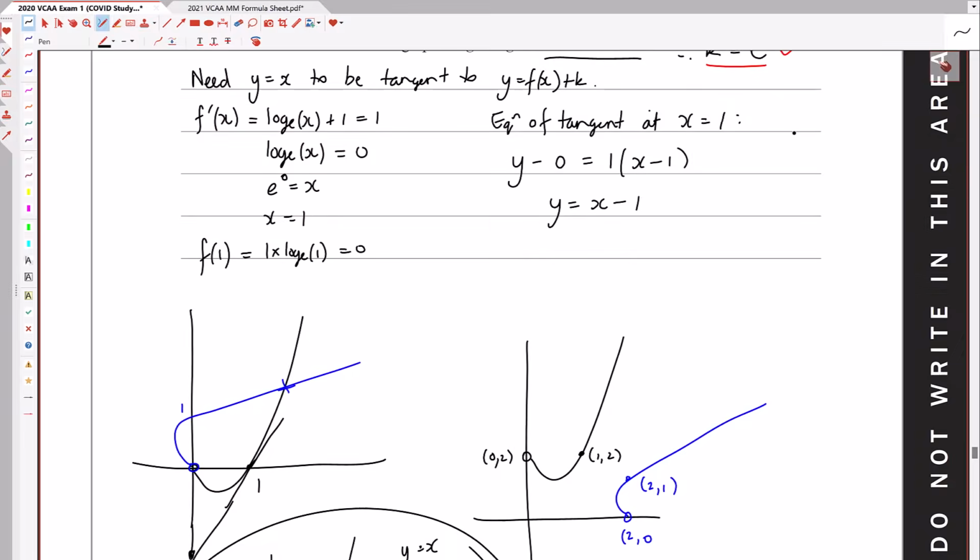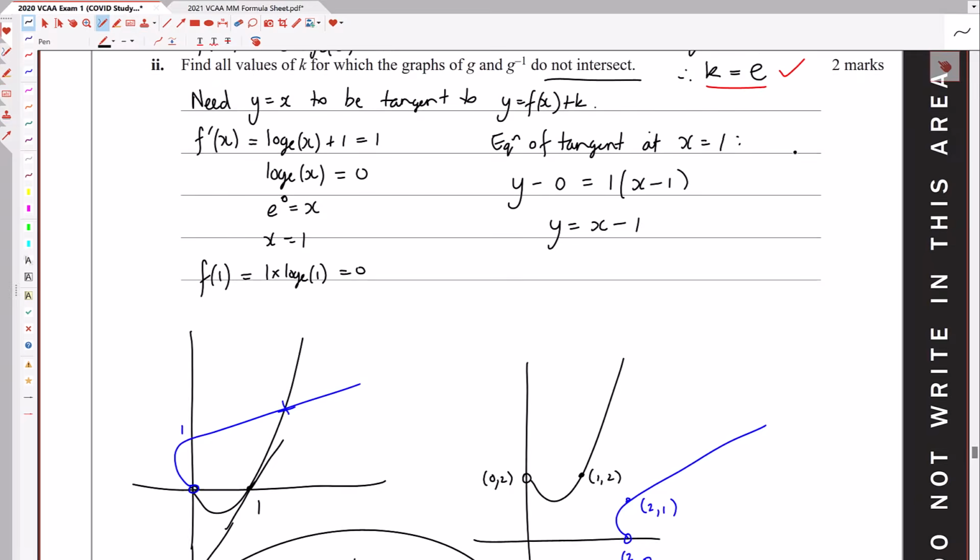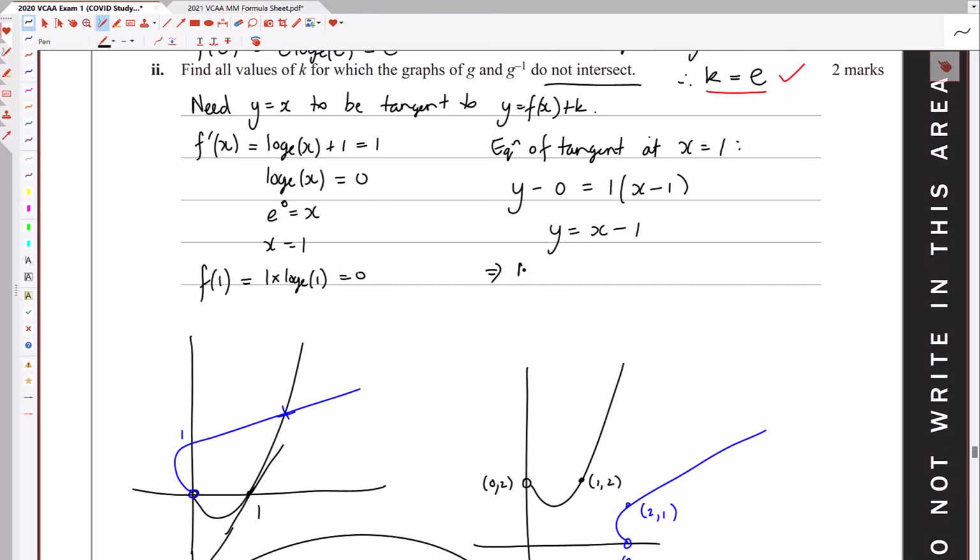And so we're going to need to translate the graph up by 1 unit, which means k equals 1 for y equals x to be tangent.